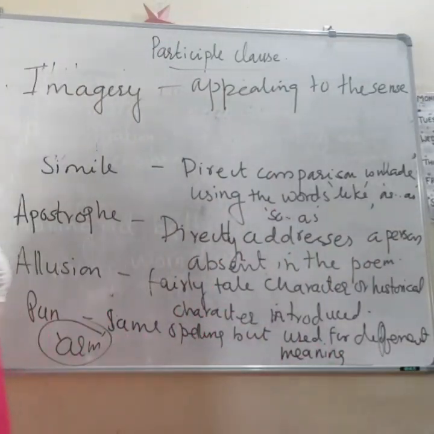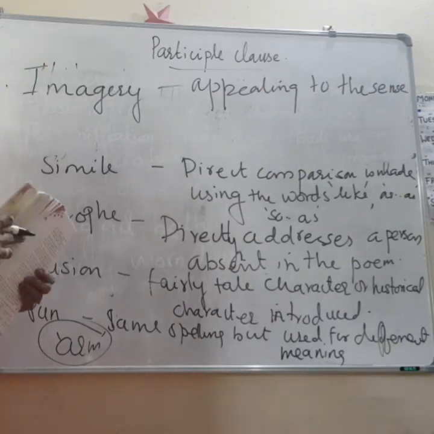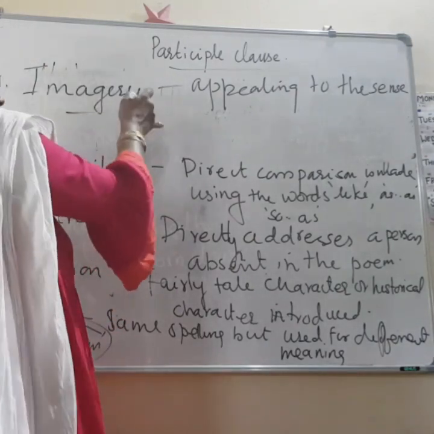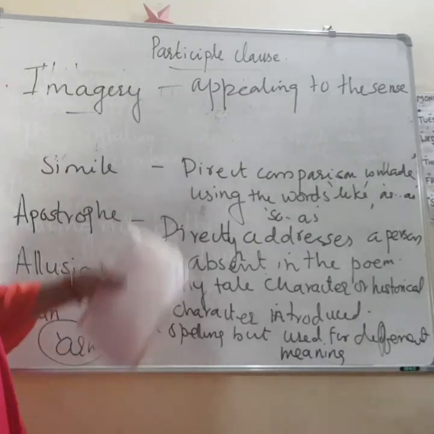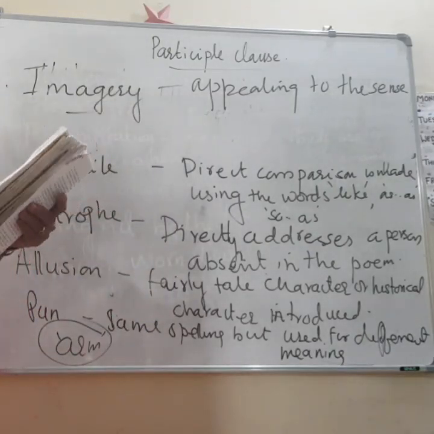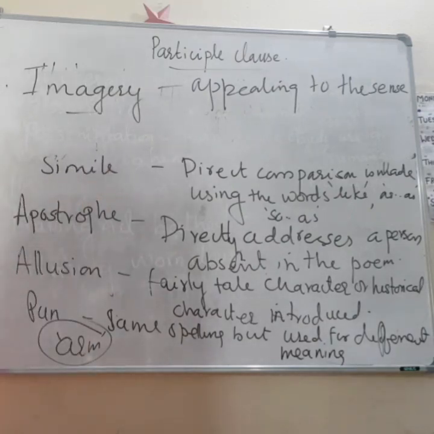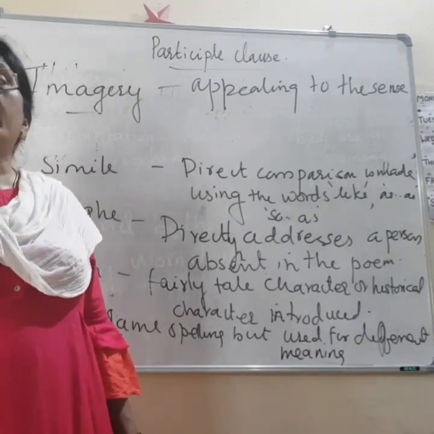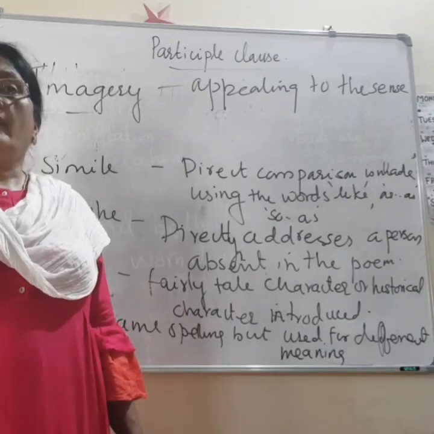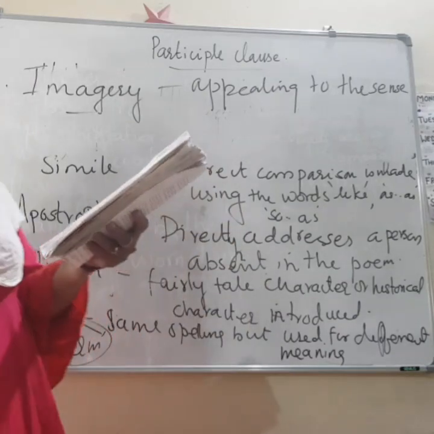If the poet is describing daffodils dancing, you will get an image in your mind. The children are running out of the home, you get an image of the children running out. The words used by the poet appeal to the senses. That is called imagery. Then we have to learn dialogue. If any dialogue is created by the poet in the poem itself, then it is called dialogue.